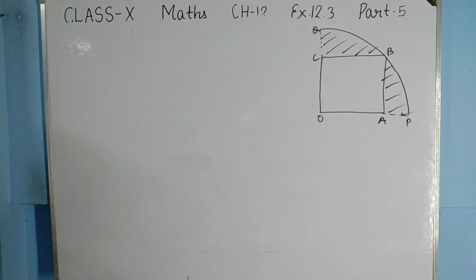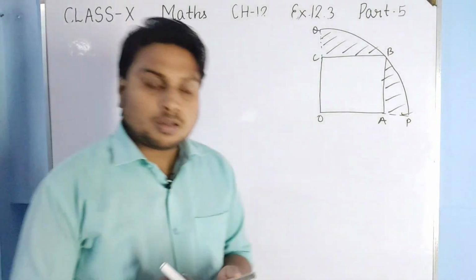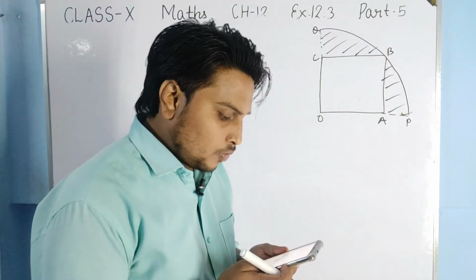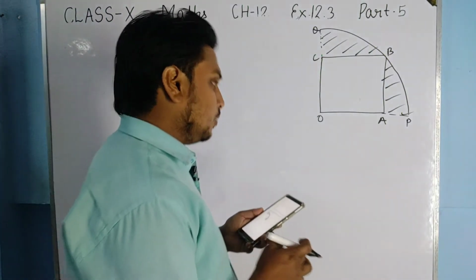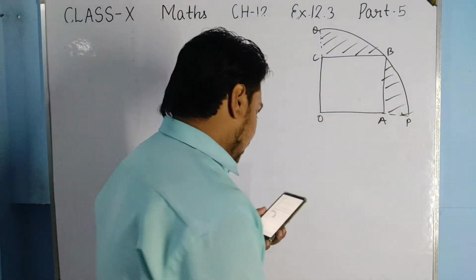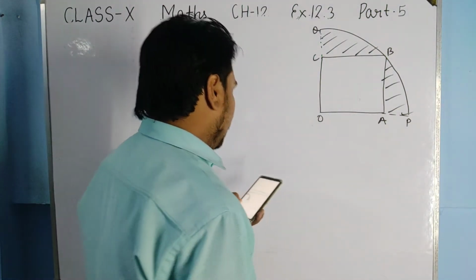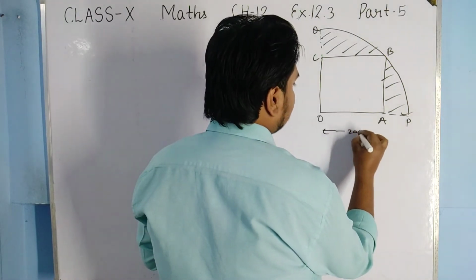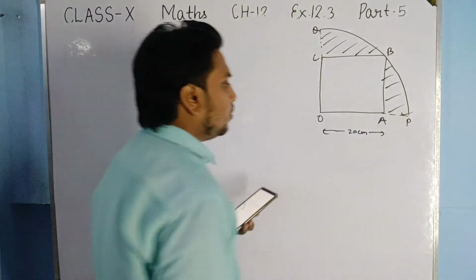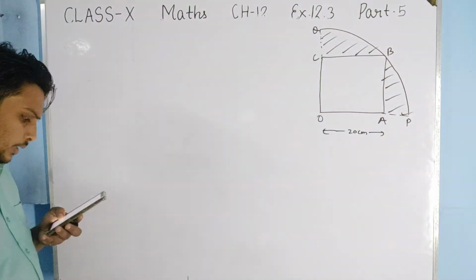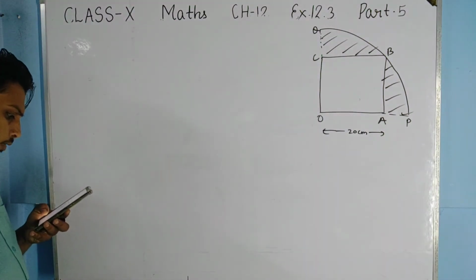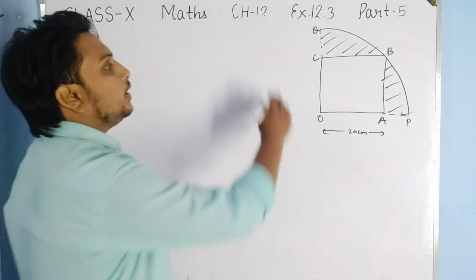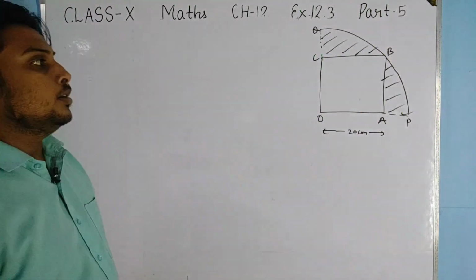In the question it is said that in the given figure a square OABC is inscribed in a quadrant OPBQ. OA is given as 20 centimeter. Find the area of the shaded region. You have to find the area of this shaded region.